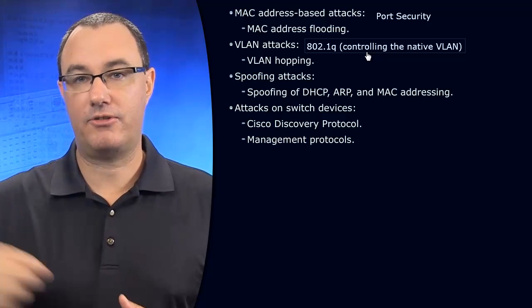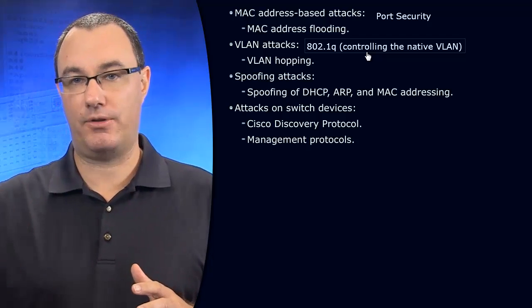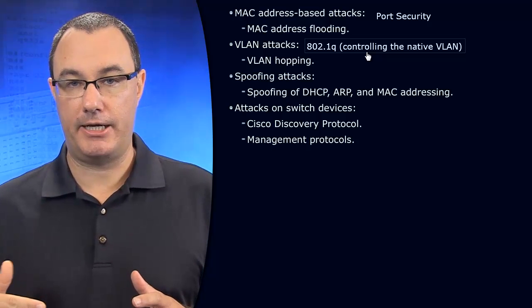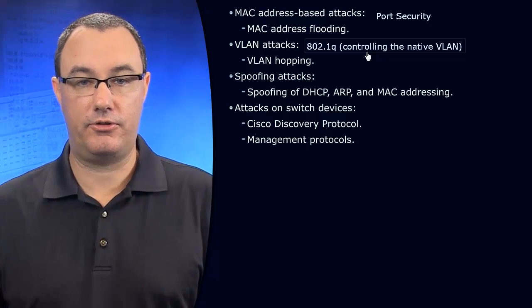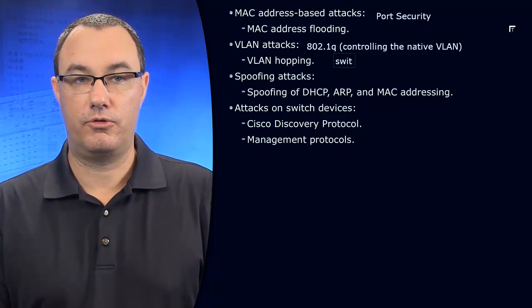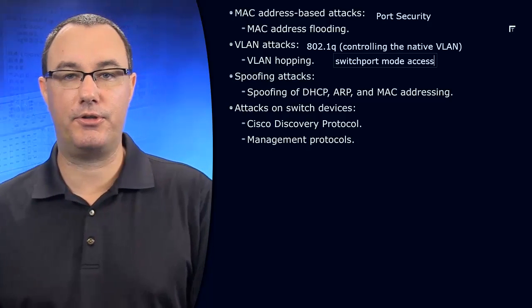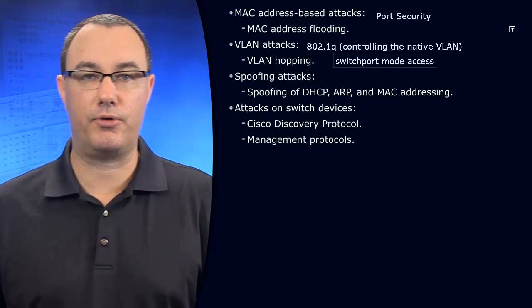Giving them access to that opens up the door for people to get out of their VLAN by using a technique that is double tagging. Another thing is to do switchport mode access. Don't let people trunk to your network and affect trunks.